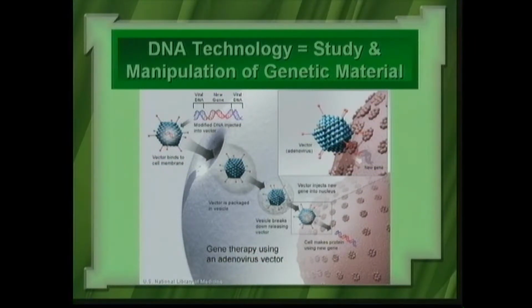All right? Now, this is one way that DNA technology is used to manipulate genetic material. In some cases, we use a vector, and in this case, the scientists doing this experiment would be using a virus. Remember that a virus is merely a nucleic acid coated with proteins, right?